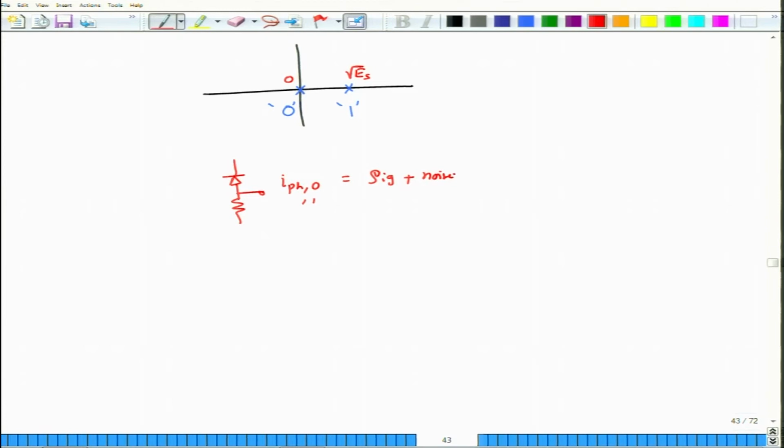We will assume that it is the thermal noise that is prominent in this case, or if I put in a preamplifier to overcome the losses that the signal has experienced, then the noise would be mainly the shot noise.